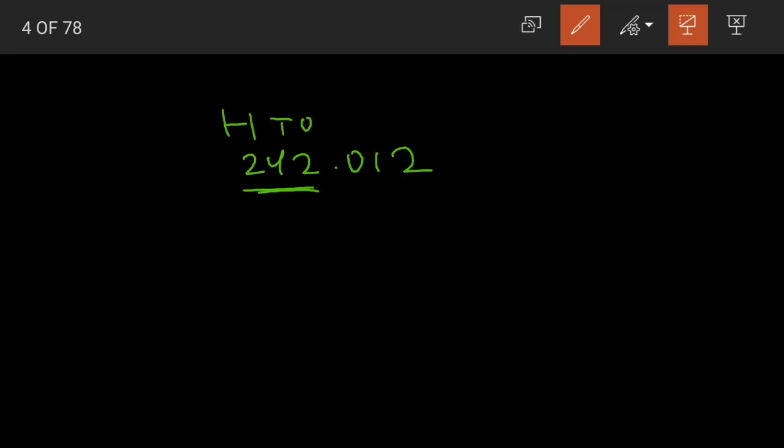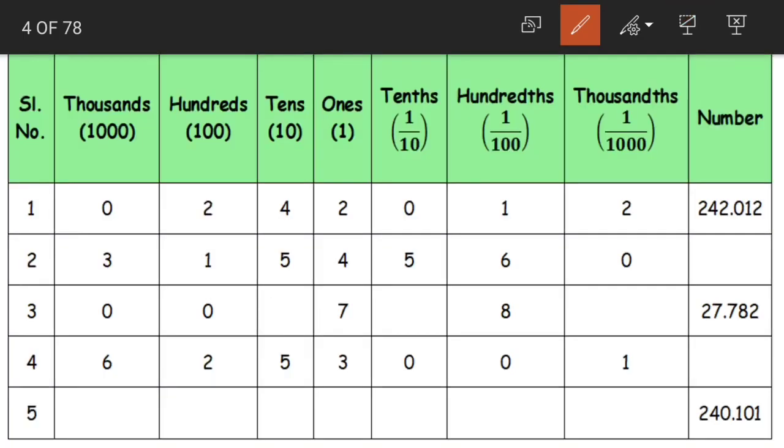Yes, children, so this is common, that is normally as we write the place values of numbers, it is the same here, for the digits to the left of the decimal point. Yes, see, we are having hundreds, tens and ones, 2, 4 and 2. This is to the left of the decimal point.